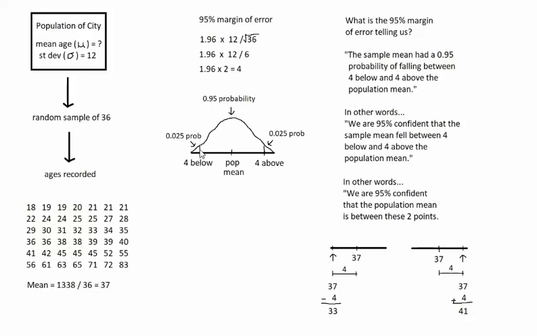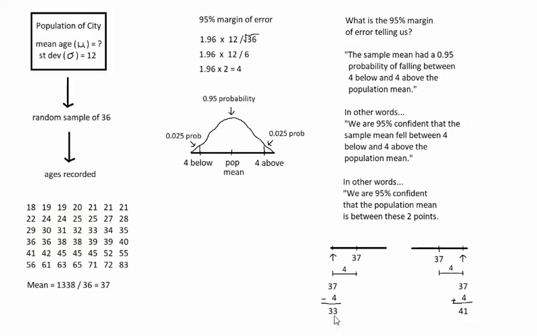Well, if that happened, then the population mean would have to be 41, because if we know that the sample mean is 37, then if you go up here to the right, you get to 41. So basically, if the population mean is 41, then the sample mean of 37 is 4 below the population mean, and that would put the sample mean out here at 4 below.